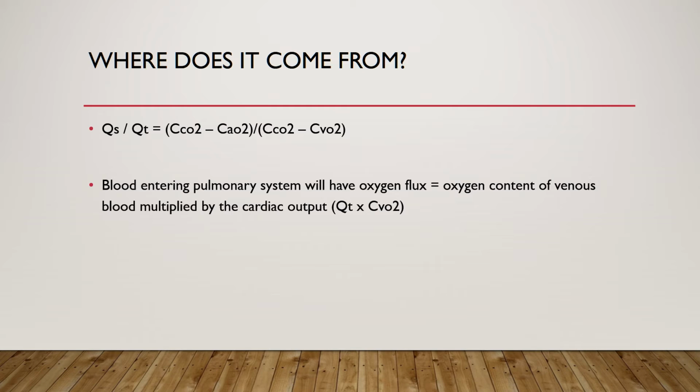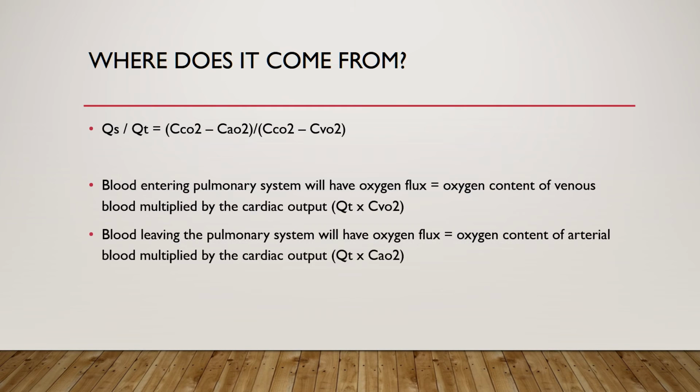This is represented by QT times the concentration of venous O2, and conversely blood leaving the pulmonary system will have a net oxygen flux of the oxygen content of arterial blood multiplied by the cardiac output, or QT times the concentration of arterial O2.